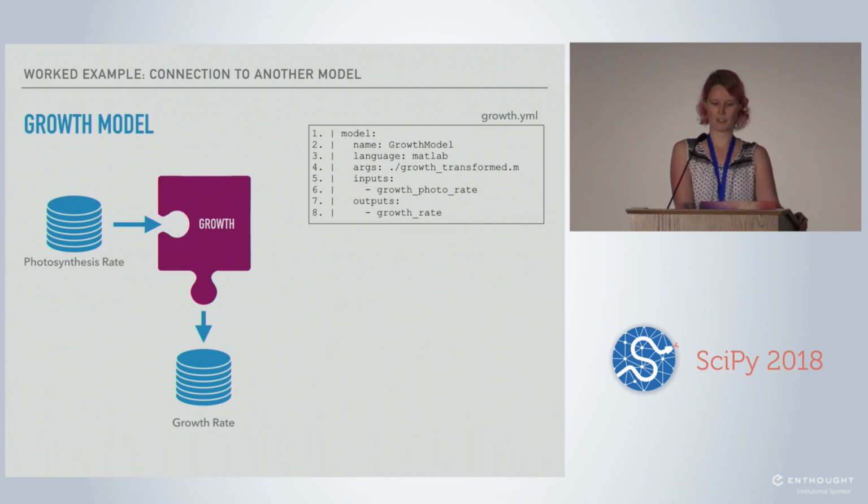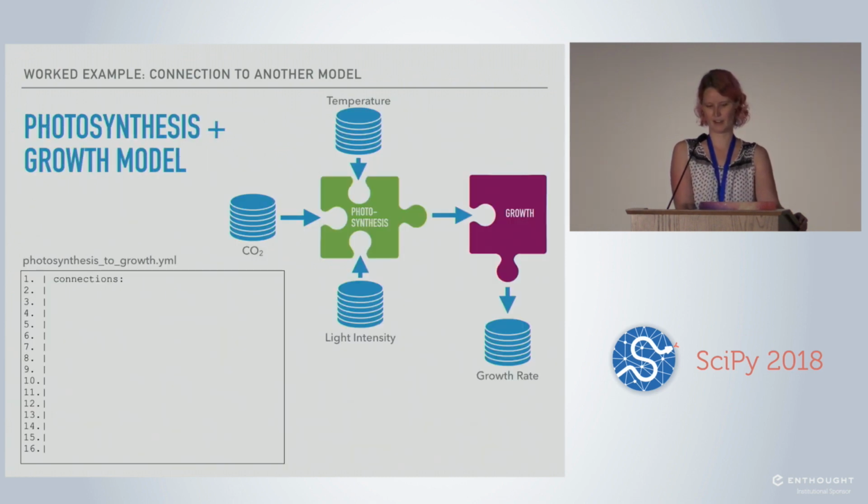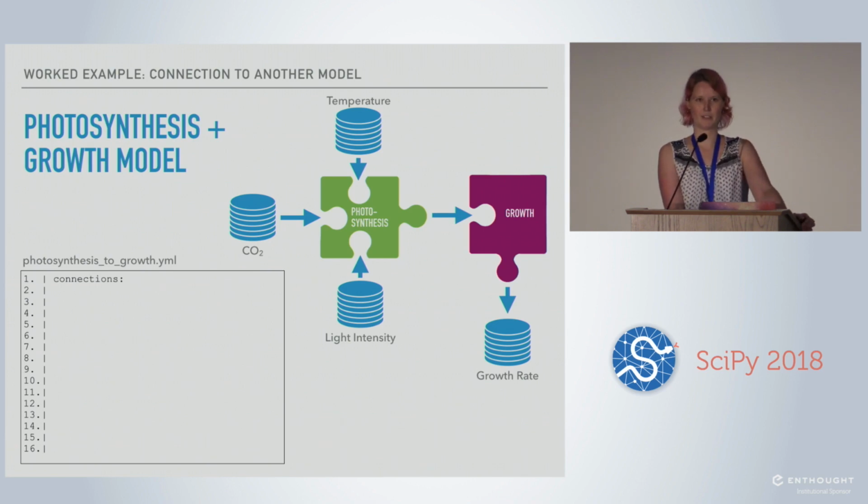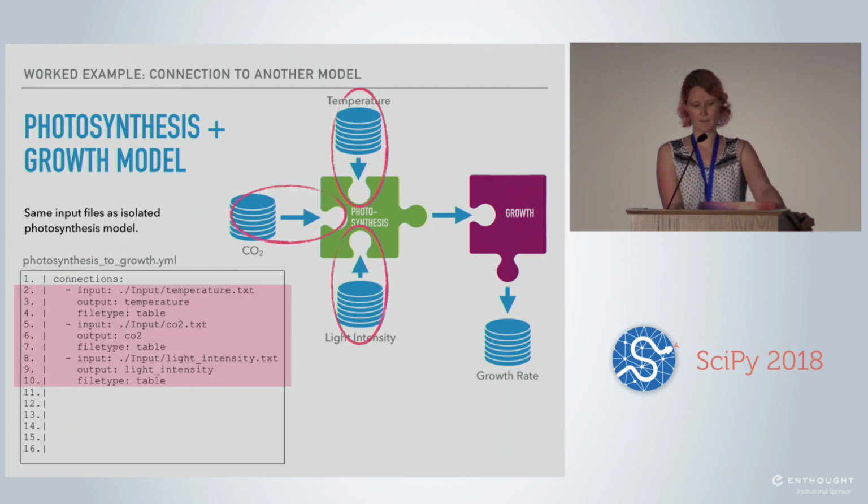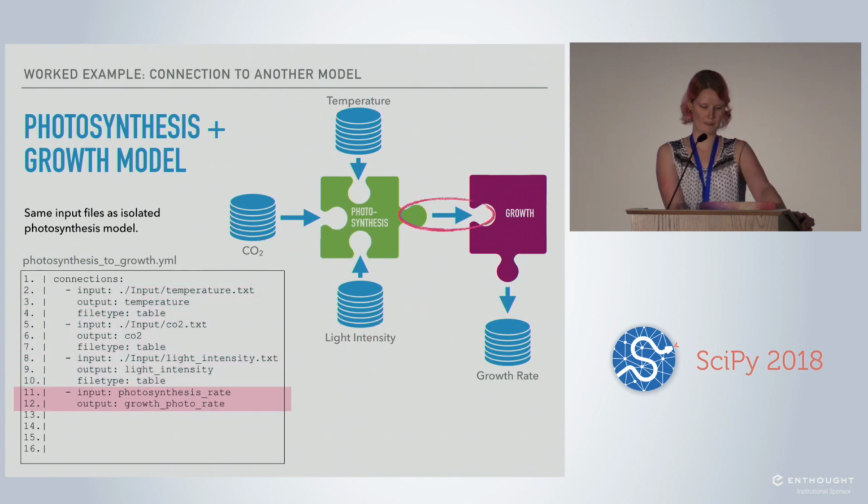We have some source code associated with the growth model. We have an input, which is called growth photo rate, and an output, which is called growth rate. And we want to connect it to our photosynthesis model so that the photosynthesis rate calculated by the photosynthesis model is passed as input to the growth model. So we would use the same input files that we used for the photosynthesis model from before.